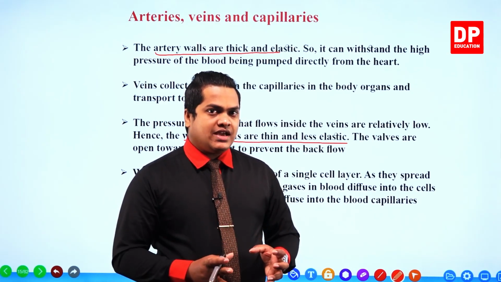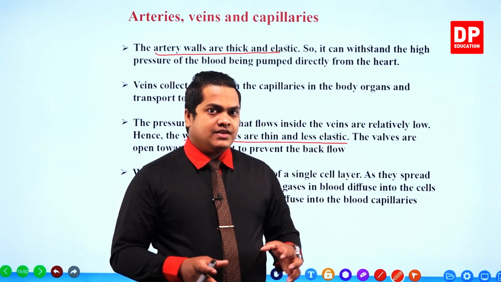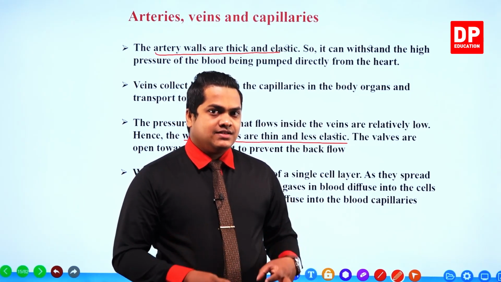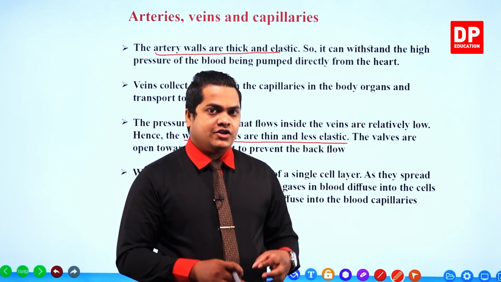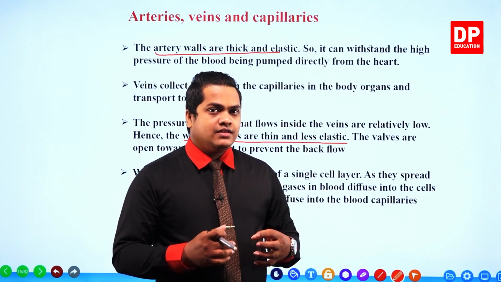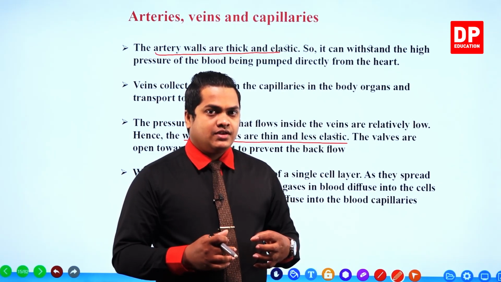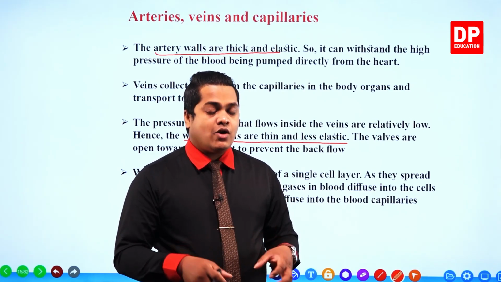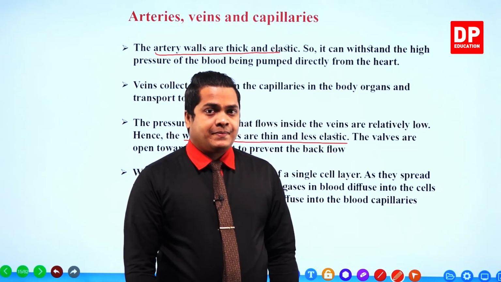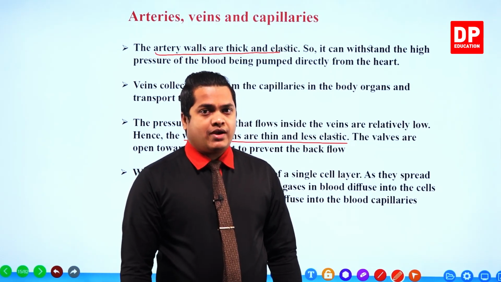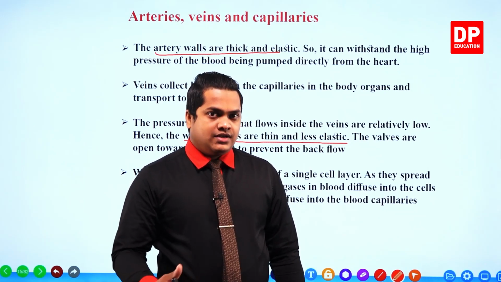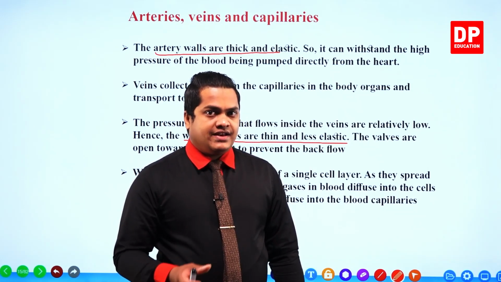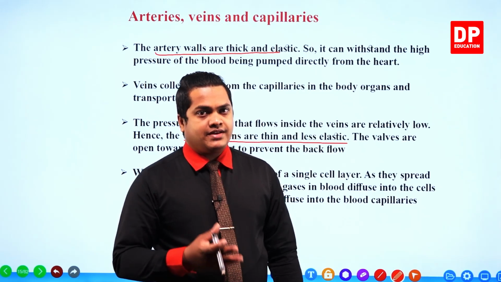and the oxygen carried by the blood is absorbed by cells, and the nutrients are also absorbed by the cells and tissues from the blood capillaries. Cells are the ones which absorb these things, and in exchange, cells provide the excretory materials to the blood.